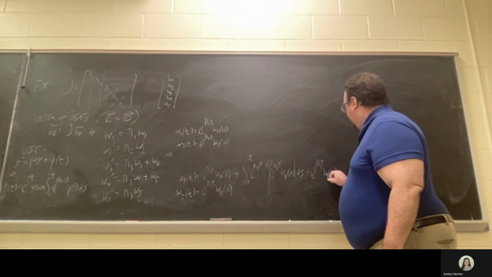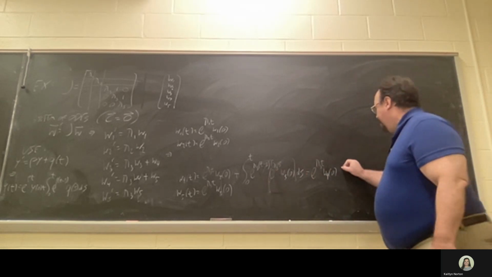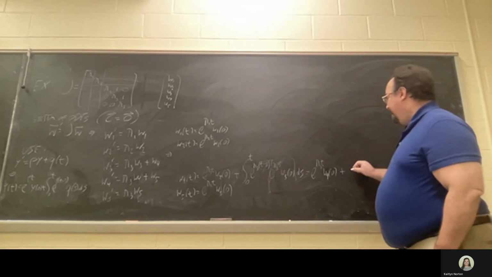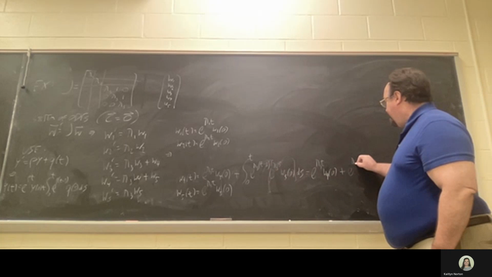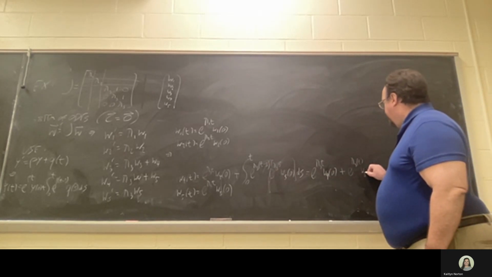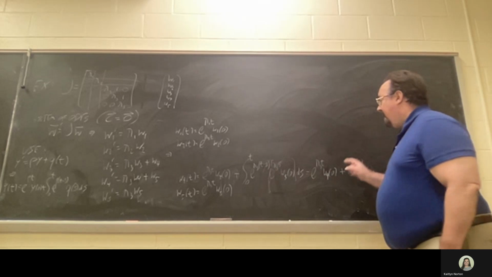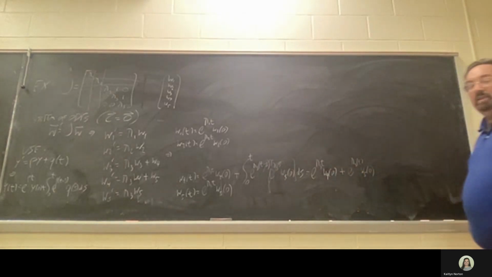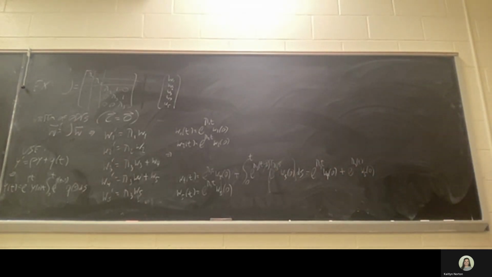If it's a constant, I could just pull it out, and that's e to the lambda 3t w5 of 0 times the integral. So if I pull out everything from the integral, what's the integral equal to?